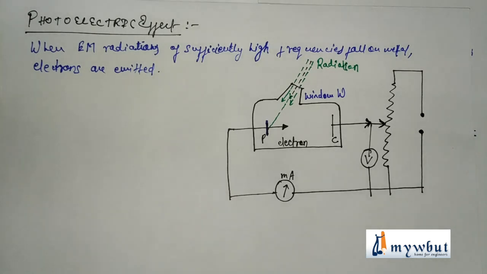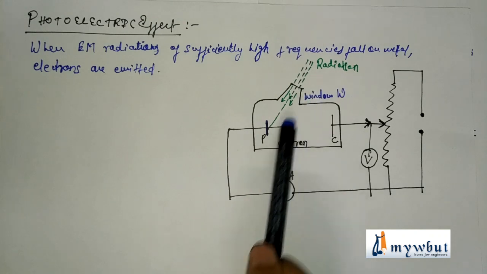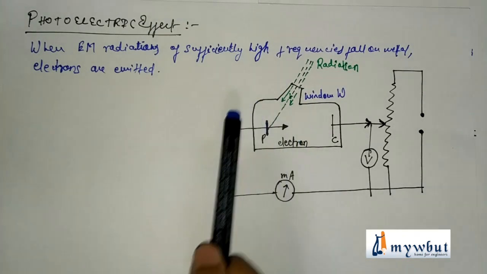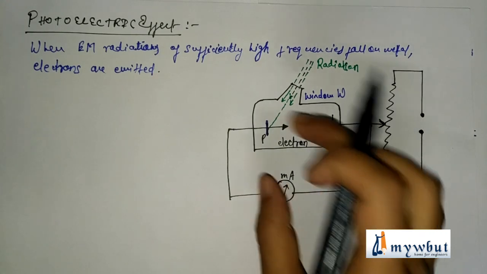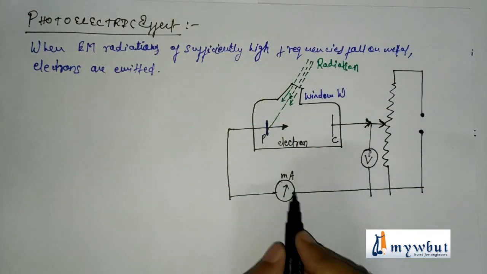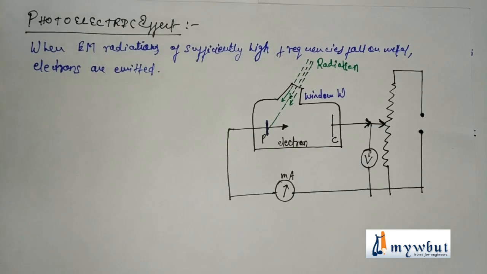The current produced in a circuit due to emission of electrons from the metal surface by the effect of light, that is due to the photoelectric effect, is known as photocurrent. So due to the flow of electrons, a current generates in the circuit, and this milliammeter deflects. Hence, this current is known as photocurrent. So this is basically the gist of the photoelectric effect.